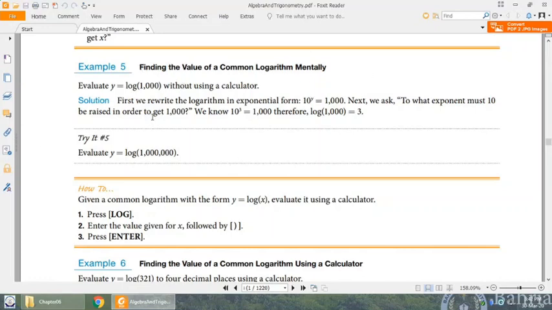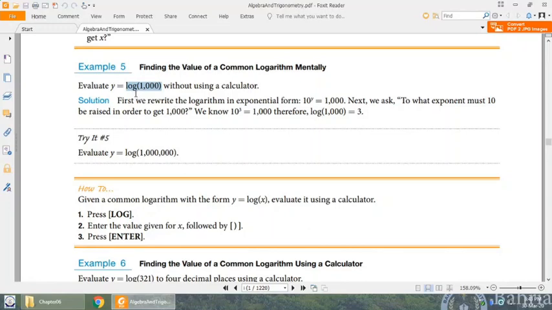So now we have log of 1000. In this equation, they have not mentioned the base. As mentioned before, I'll reiterate here that if the base is not mentioned, it automatically means that it's 10.